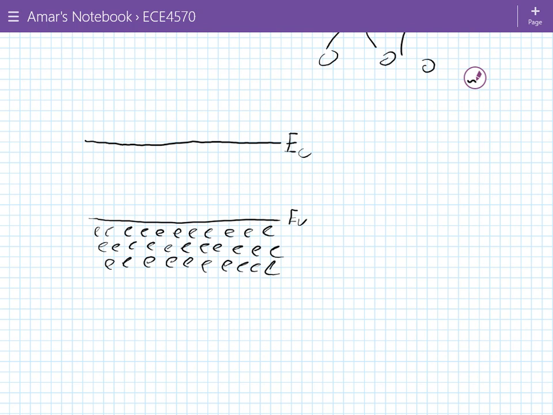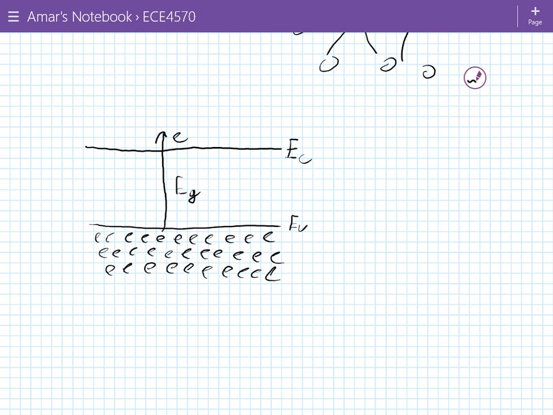Electrons will go to a higher energy state if they've been stimulated by some form, whether it's light or temperature. Those are the most common ones. If an electron acquires enough energy, so in other words, if it absorbs energy larger than the band gap, then the electron can go up here.